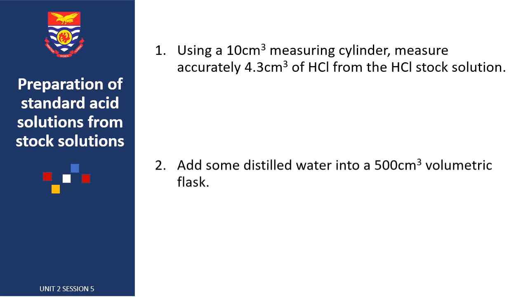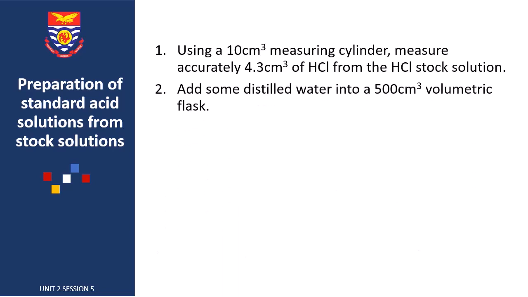Measure that volume, and then you see we don't add water to acid, but rather acid to water. So before you proceed with this, you first have to get your volumetric flask and then add some distilled water to it, such that the acid you have measured, you are going to add it to water in the volumetric flask rather than pouring the acid first and then adding your water.